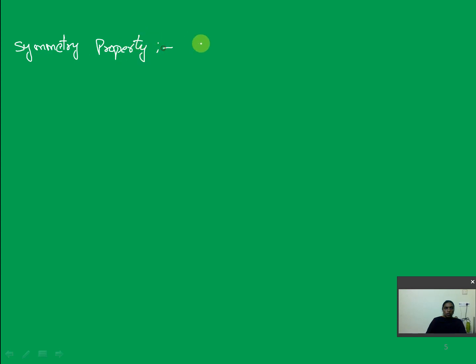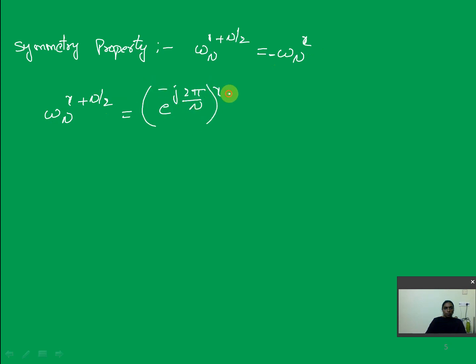Now coming to the symmetry property. What is that? W N power x plus N by 2 is equal to W N power x into minus 1, that is minus W N power x. To prove this, take W N power x plus N by 2. Now W N is e power minus j 2 pi by N whole power x plus N by 2.